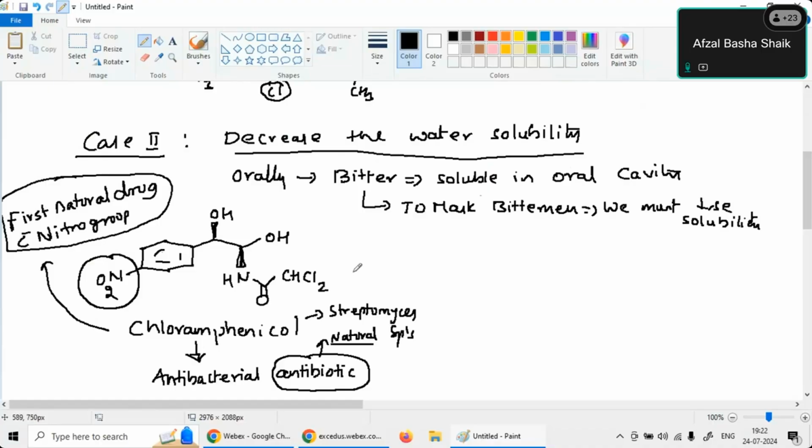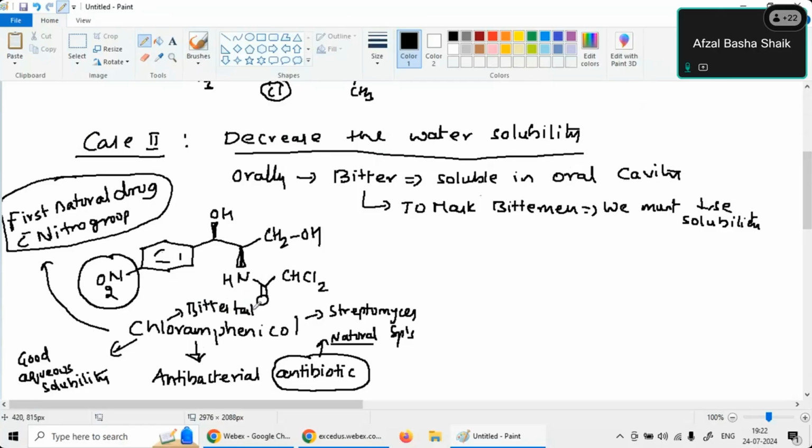So the problem with the chloramphenicol molecule is, there is a small variation in the structure. There is a CH2OH. I have written that chloramphenicol has good aqueous solubility, and it also has what?